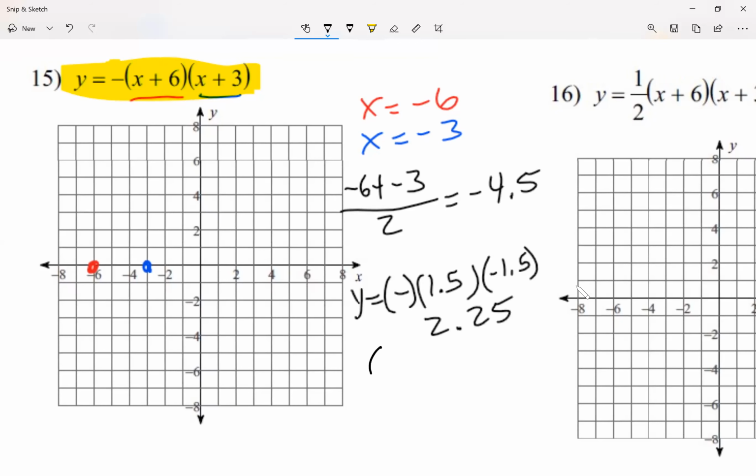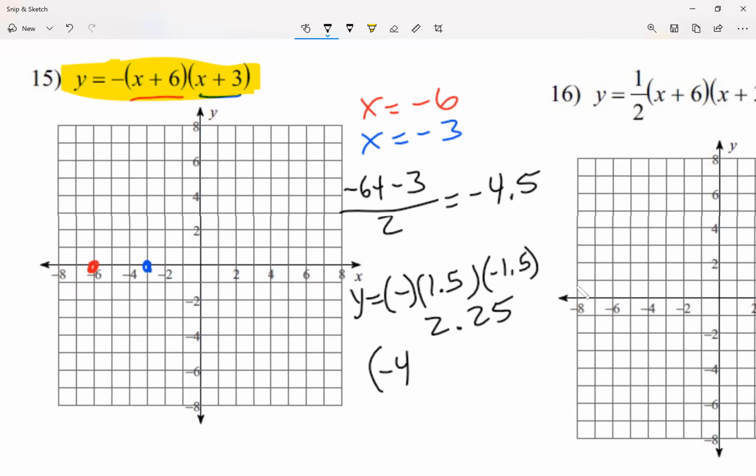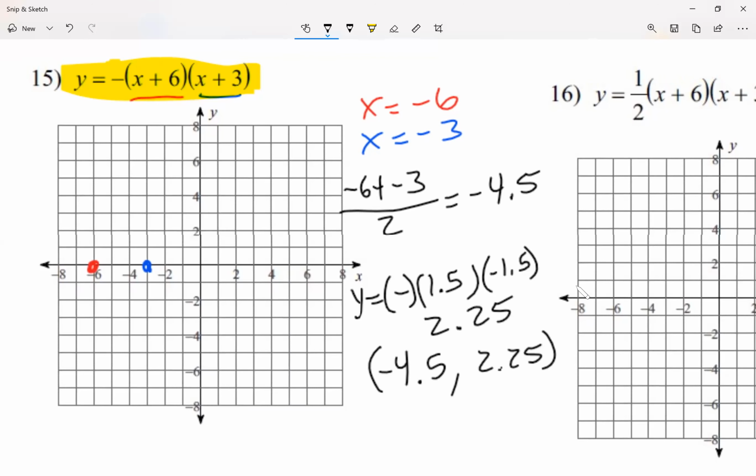So the coordinates of my vertex are -4.5 and 2.25. Whoa, not too nice to graph, but doable.